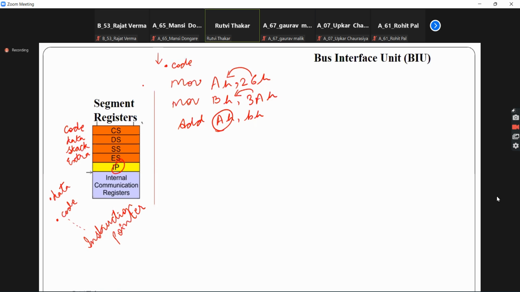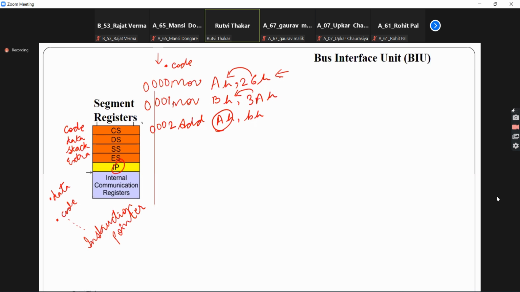Suppose it starts from the address 0000. After that, the instruction will come at 0001, not 1. It will divide the data into 16 bits, but just for simplicity, I'll take 0001, 0002. So what is the very first instruction?